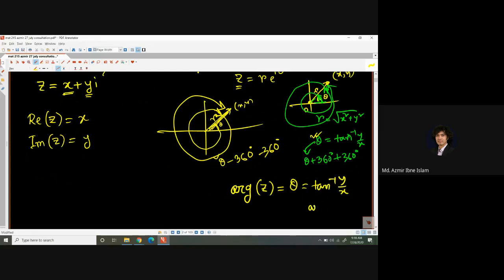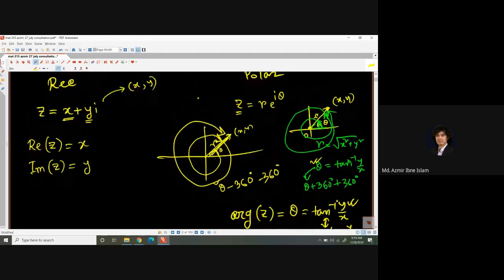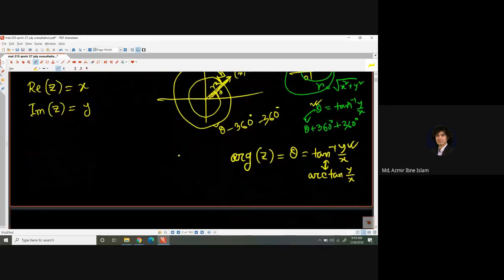These are two different notations. They look different, but the meaning is the same. We often use this one. Okay. Another concept is: what is the principal argument?